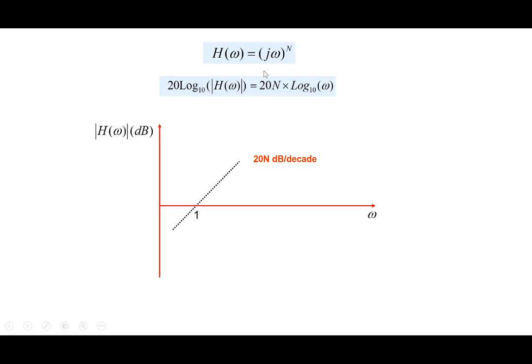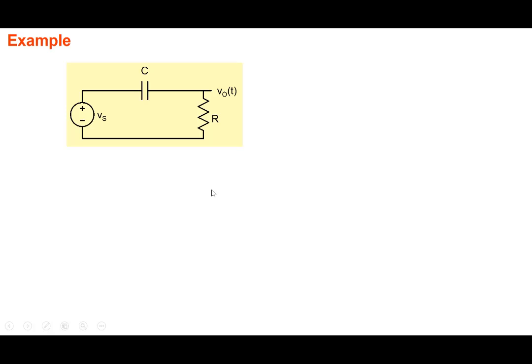Anyway, a term with omega to the power n contributes a straight line with a slope of 20n dBs per decade. And this is what we need to remember, that it intersects the 0 dB point at omega equal to 1. All right, so let's take a concrete example.